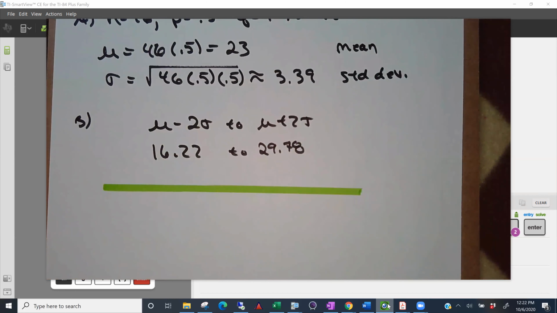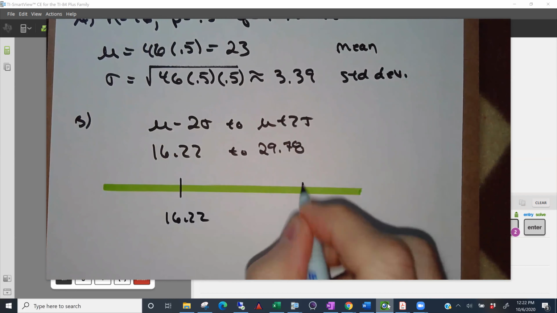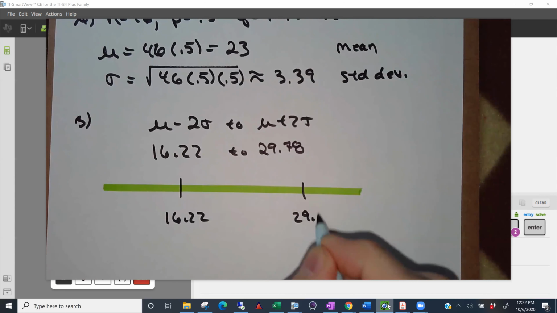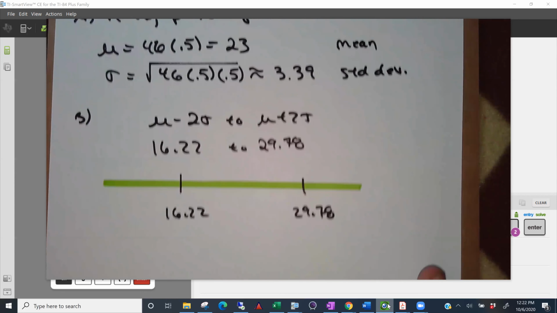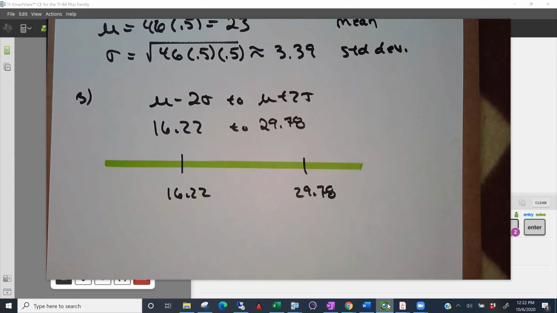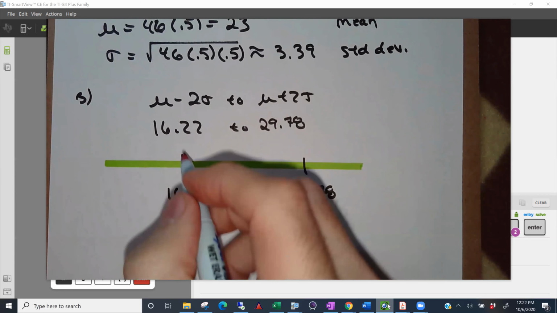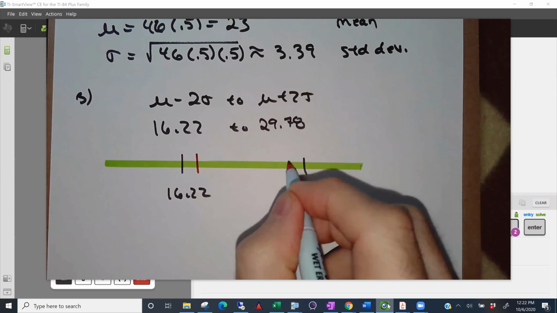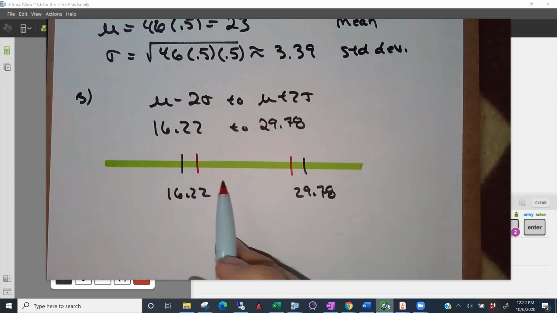No. So 16.22 and 29.78. So for all practical purposes, what are the results that I can have that are in this range? What are the typical results? Between 16 and 29. Not quite.